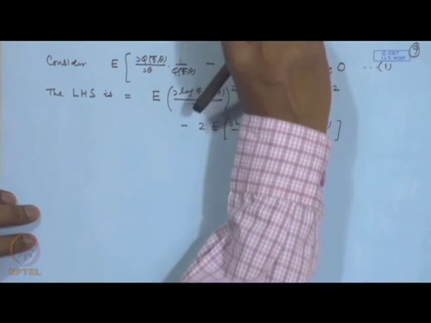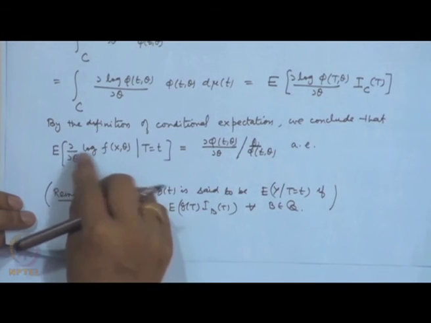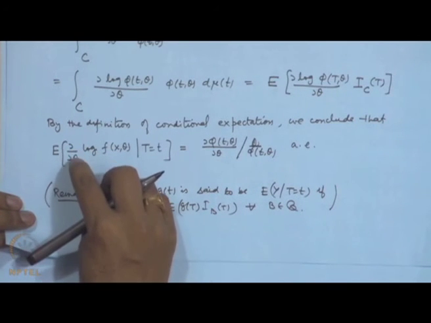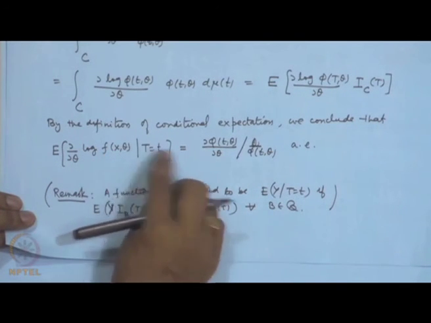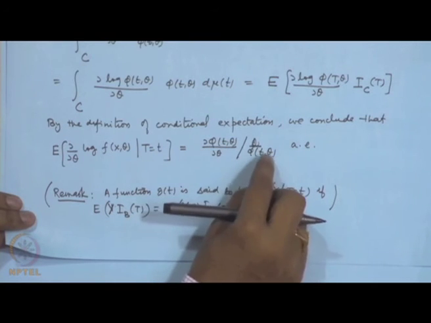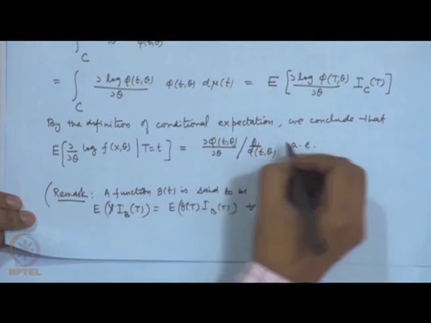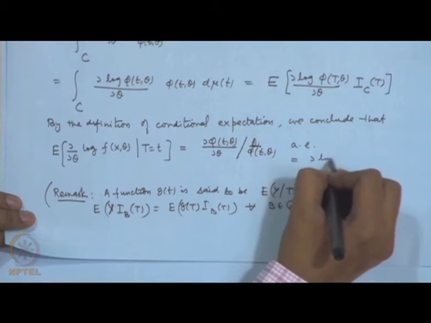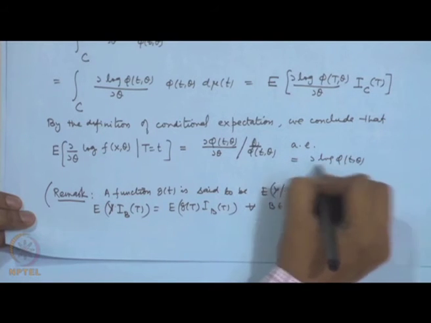At this stage you notice here that the conditional expectation of ∂/∂θ log f(X, θ) given T is nothing but ∂ log φ(T, θ)/∂θ.